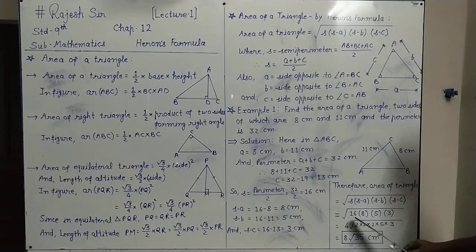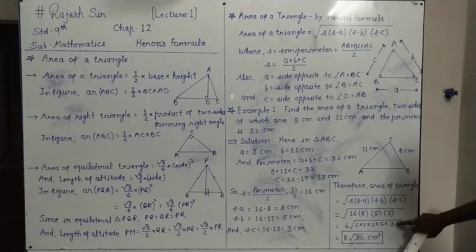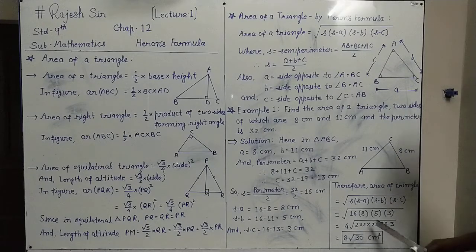As you know, the root of 16 is 4, taken outside the root, and inside we split the terms. The factors of 8 are 2 into 2 into 2, and 5 and 3 as they are. In the root, a pair of terms will be taken out because it is a square root.